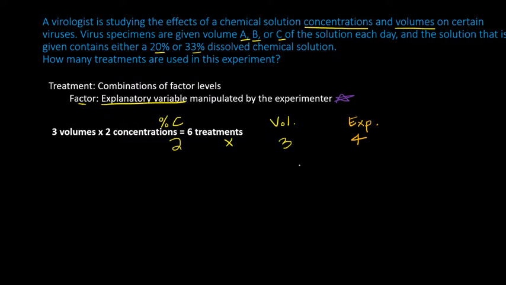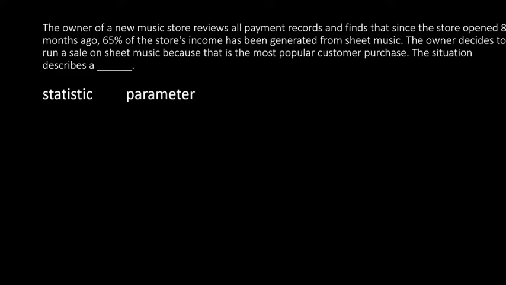So now I've added additional treatments, but to figure out the total, I would still just multiply. 2 times 3 is 6, 6 times 4 is 24, so this would have been 24 total treatments, okay? All right, let's move on to the next example.